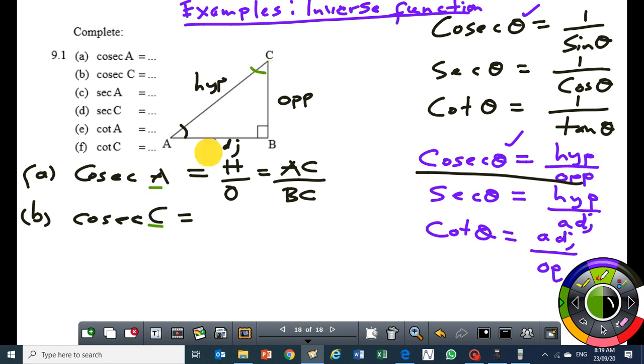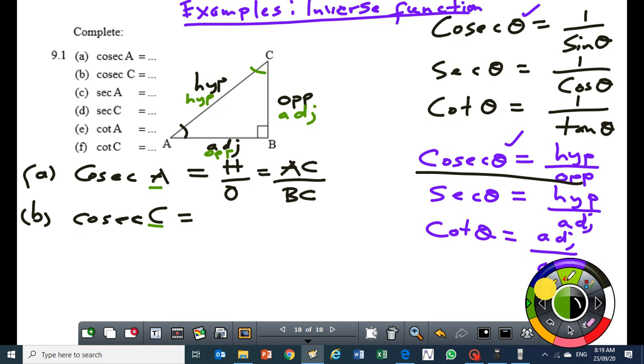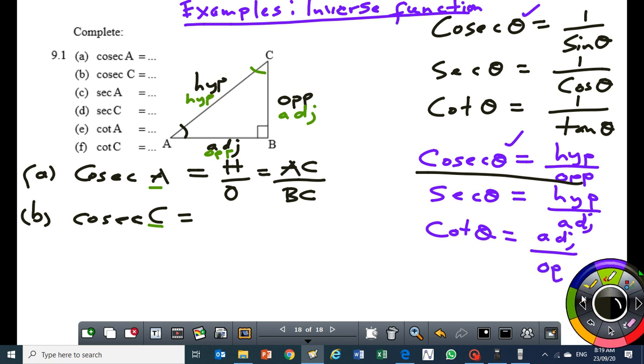This becomes the opposite side, and that becomes the adjacent side. The hypotenuse doesn't change. So cosec C is still hypotenuse over opposite side. The hypotenuse is still AC, but the opposite side has changed now. It's now AB.